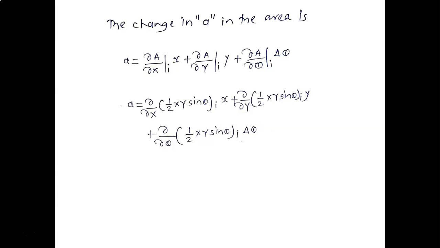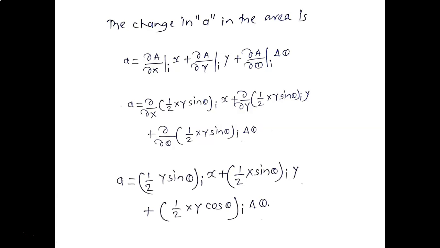Therefore, by using partial differentiation, small a is equal to 1/2 y sin theta at the reference point I into small x plus 1/2 x sin theta at the reference point I into small y plus 1/2 xy cos theta, that is differentiation of sin theta is cos theta, at the reference point I into delta theta.